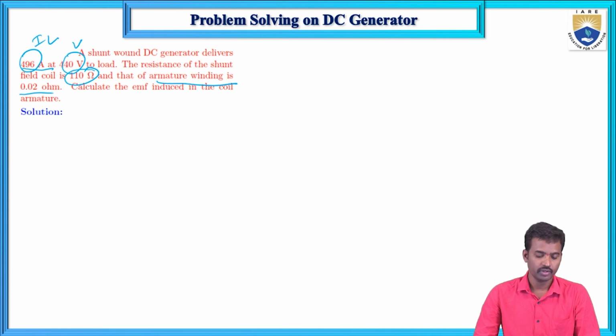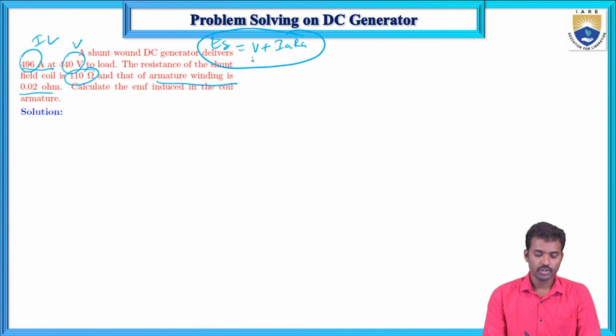Calculate the induced EMF in the armature. Here for Eg, not the formula ZnΦ by 60 into P by A, but another formula: V plus Ia Ra. We know the V value and Ra value, but here Ia equals IL plus ISH, and ISH is V by RSH.